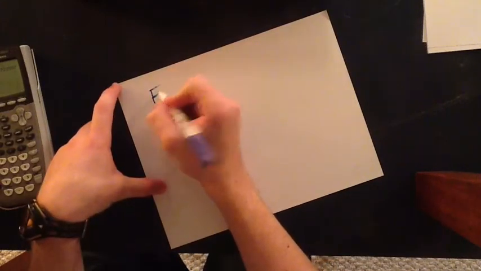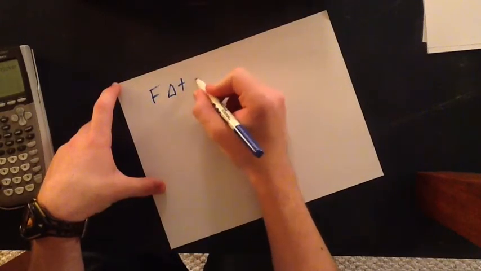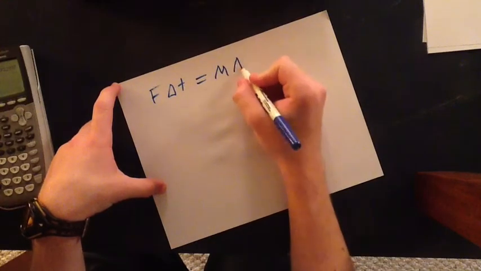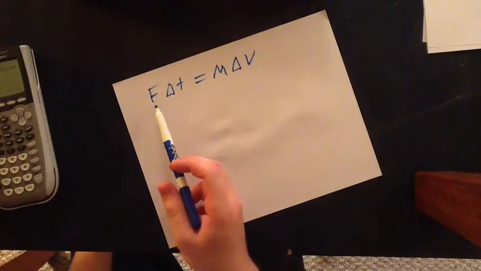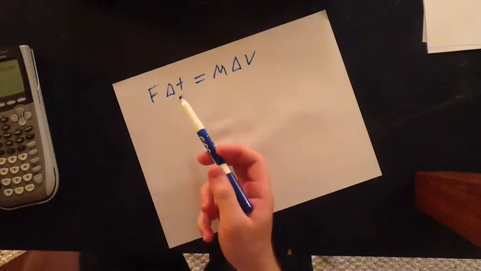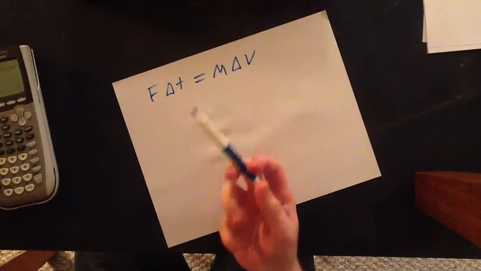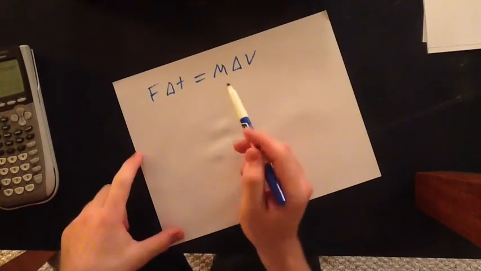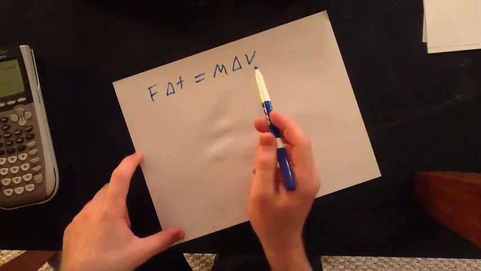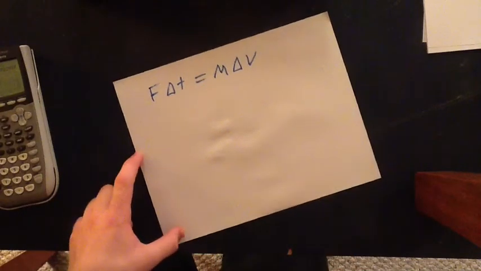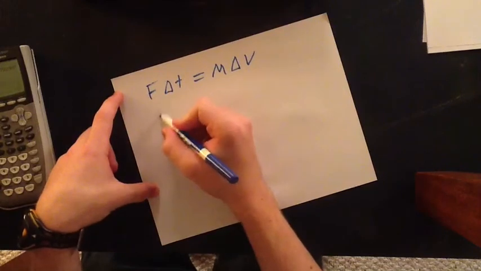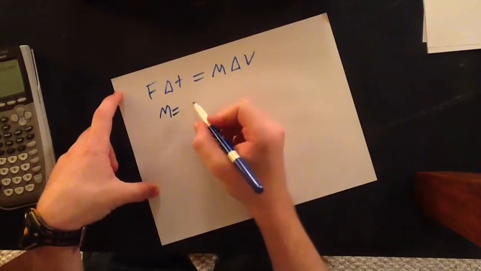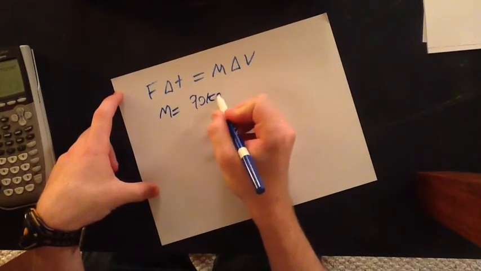In our project, we will be using the impulse equation, which is F delta t equals m delta v. This is explained as the force exerted on an object times the amount of time the force is exerted is equal to the mass of the object times the change in velocity of the object. So in this equation, we know that the mass of Batman is around 90 kilograms.